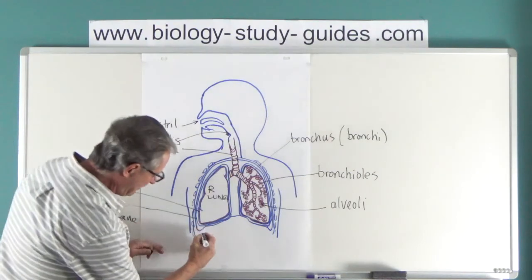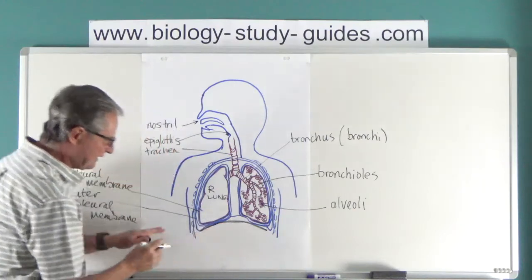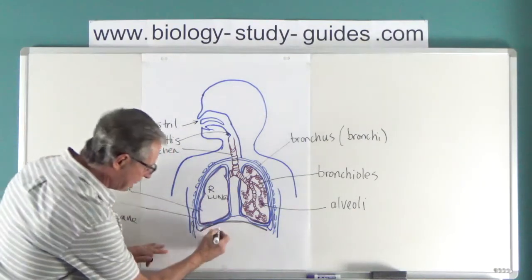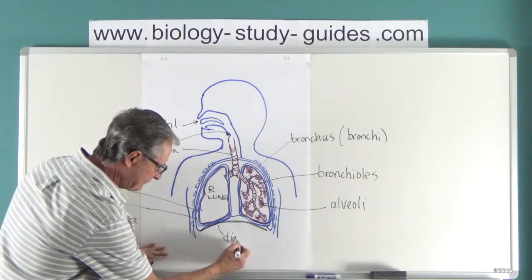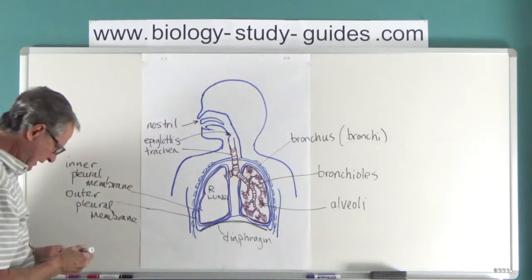There's a layer of muscle that runs under this system, and that layer of muscle is the diaphragm. Looks like my pen's dying.